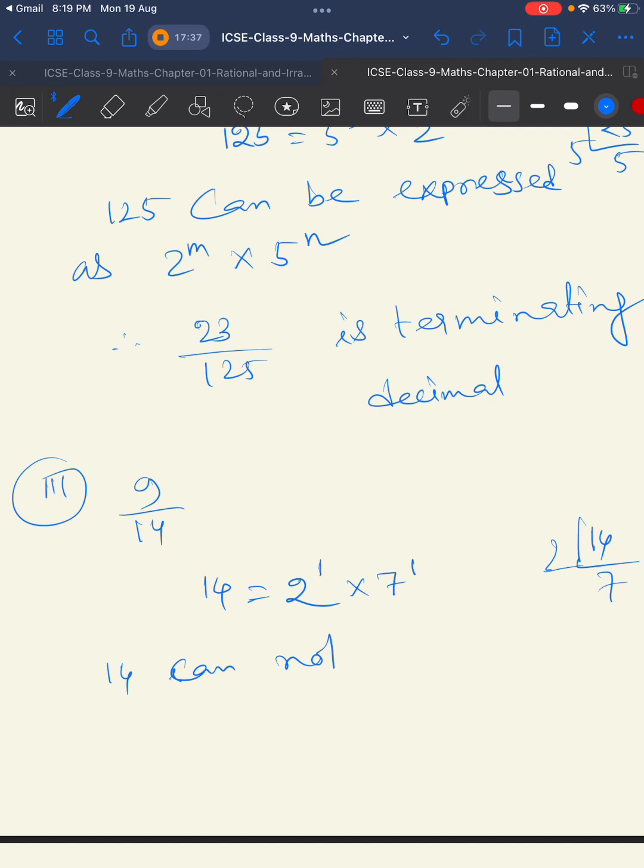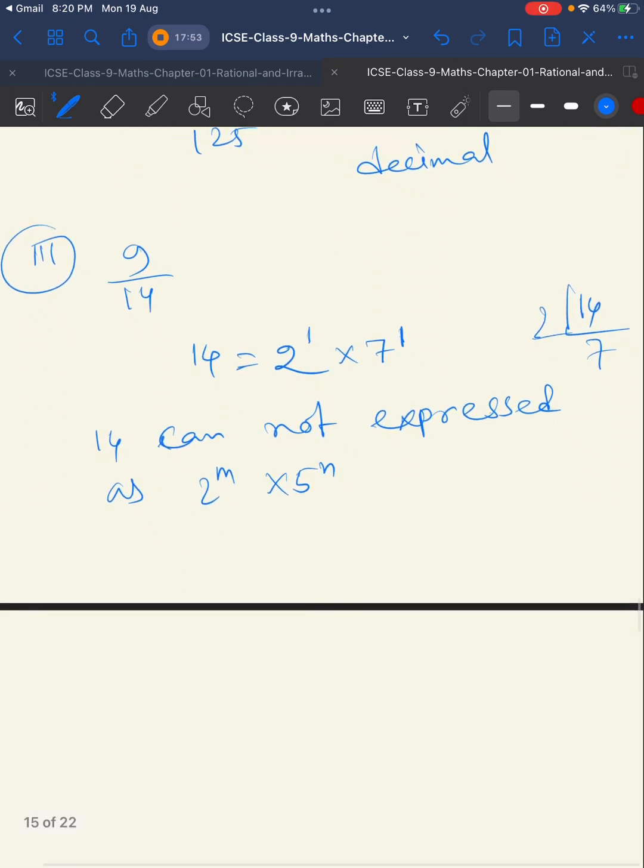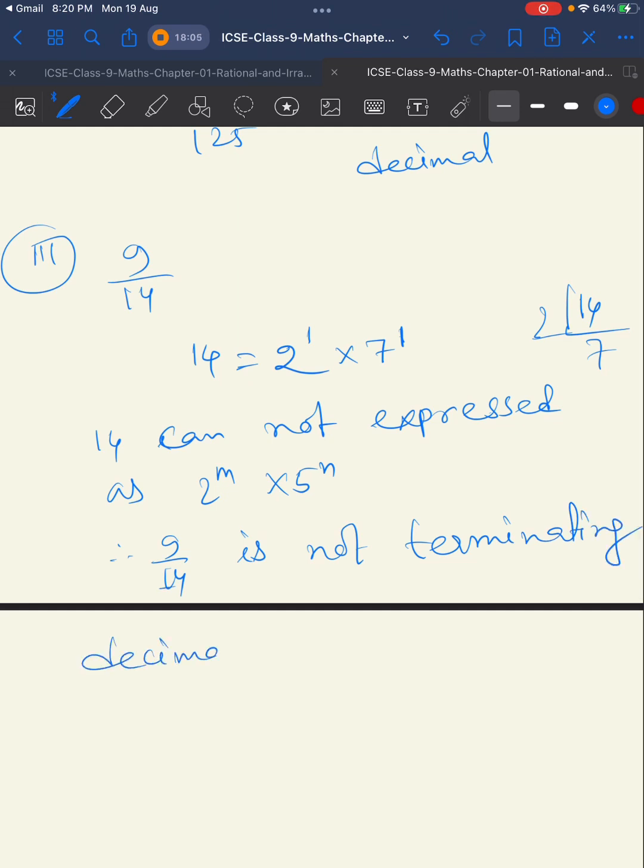So 14 cannot be expressed as 2 to the power m into 5 to the power n. Here there is 7 to the power 1, so 9 by 14 is not a terminating decimal.